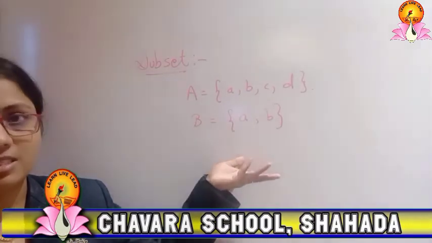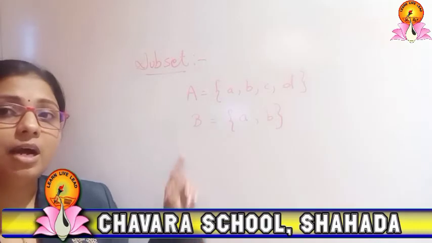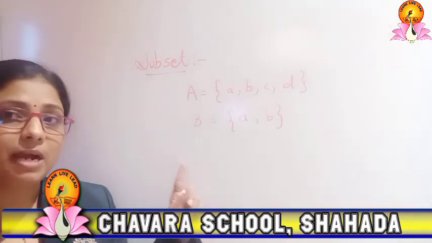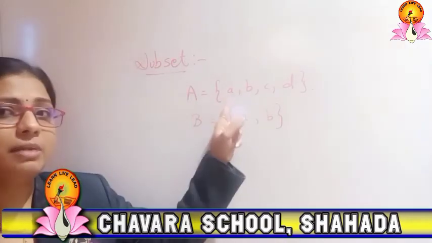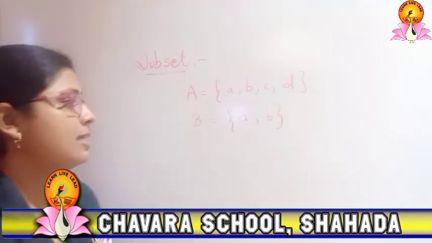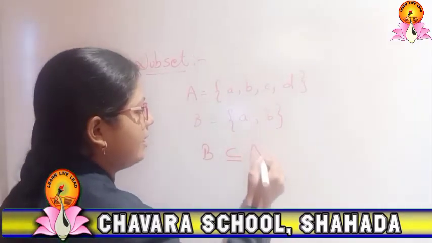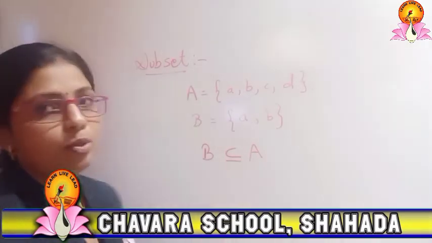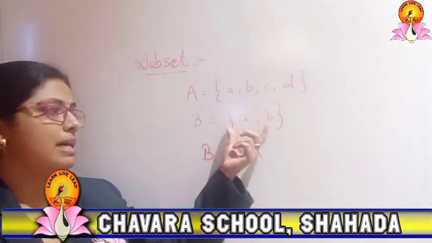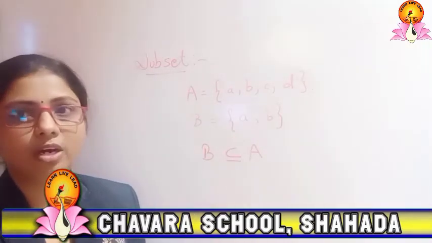So we can say this is a joint set or overlapping set. But now you have to see whether it is a subset or not. Sub means some part. You can see some elements of A are present in B. So what will we say? B is a subset of A. This is the symbol to represent subset. Some part of the elements are present in B. That is why it is known as B subset of A.